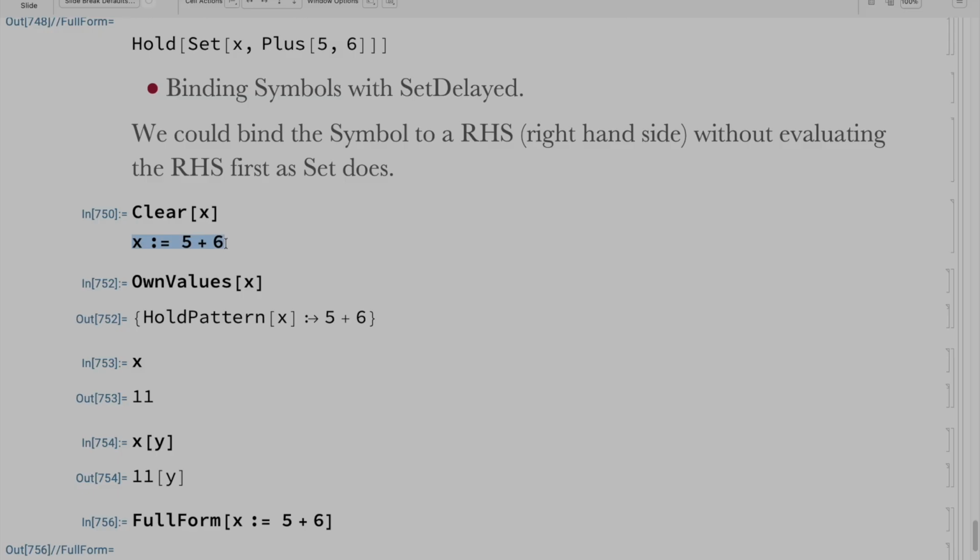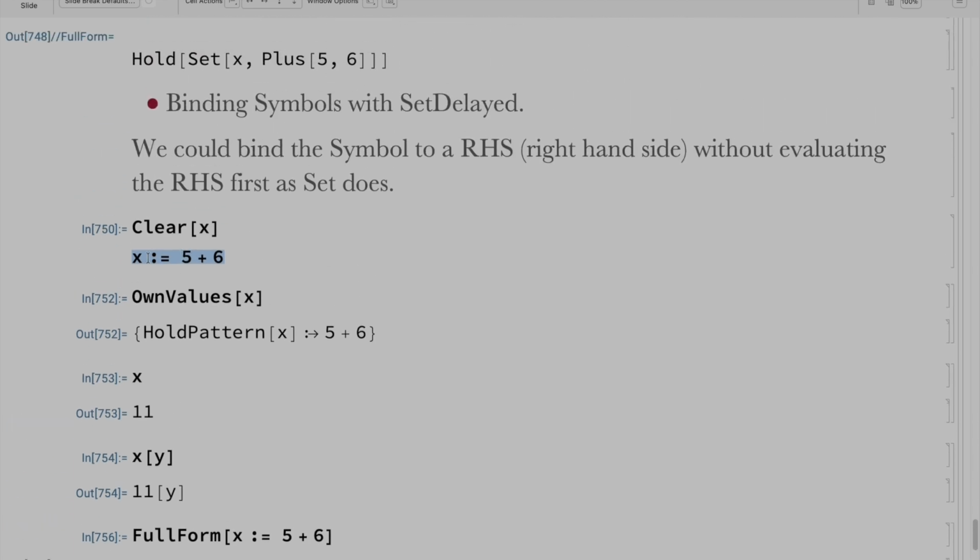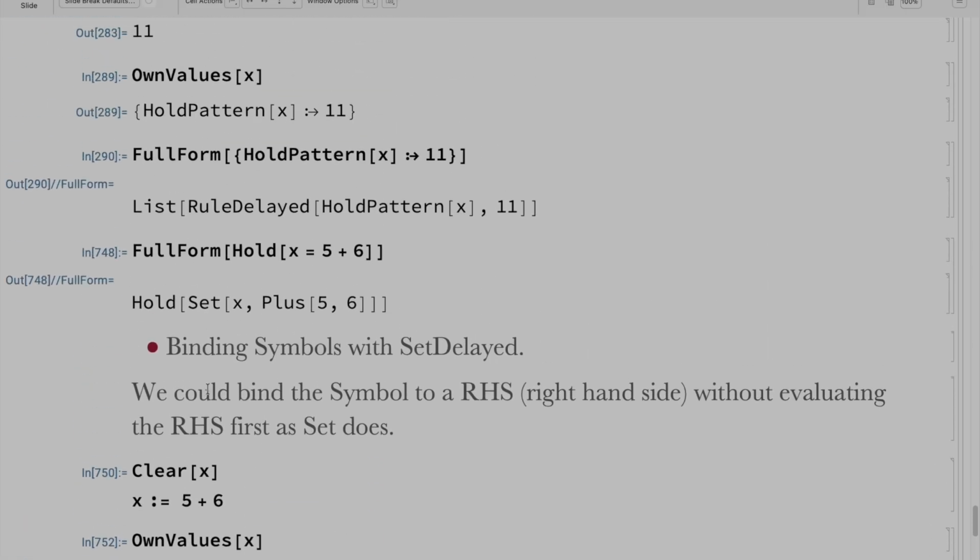Sometimes things evaluate to nothing, and we represent that by Null. So although this thing has a side effect, which is adding something to the global rule base, to the OwnValues, it still evaluates, right, to something, and this something is Null.